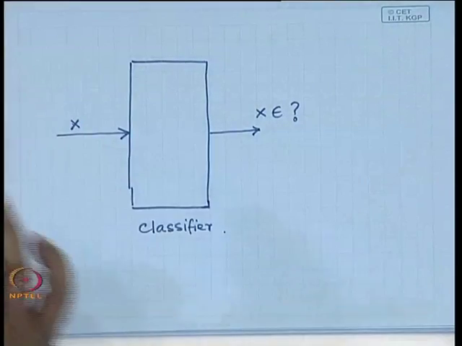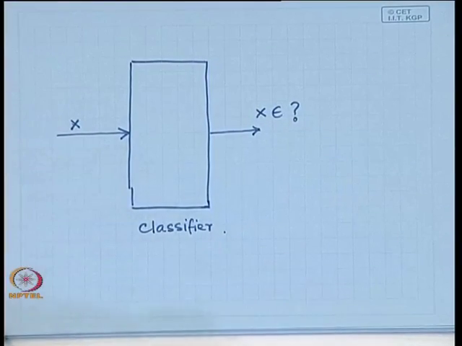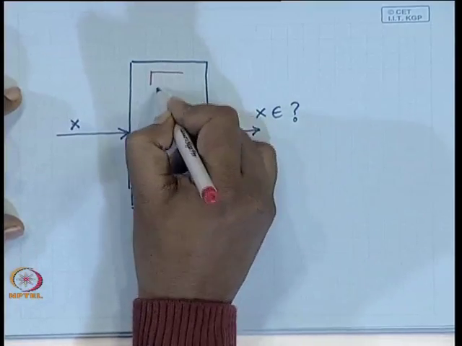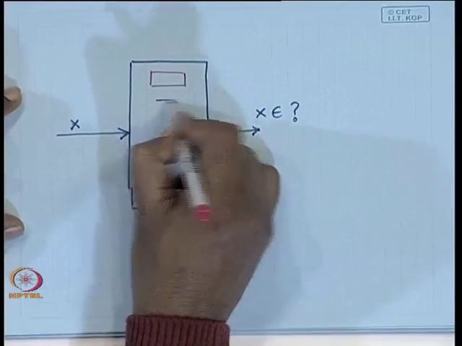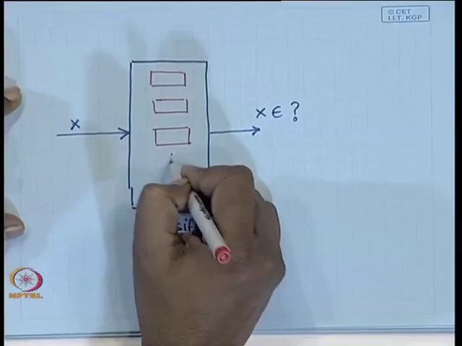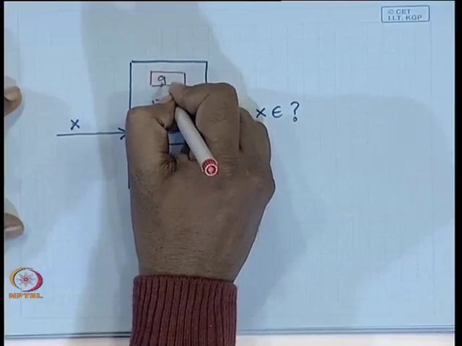So, I can say that in this classifier box, I have different modules or functional units which compute a function g of x.